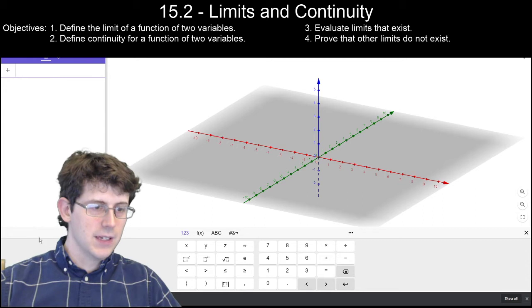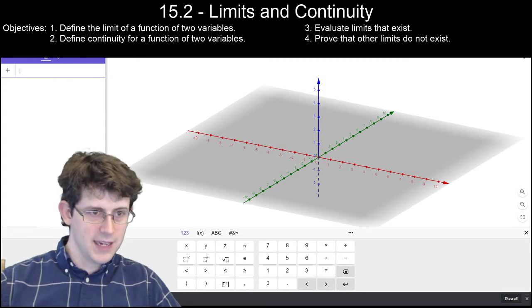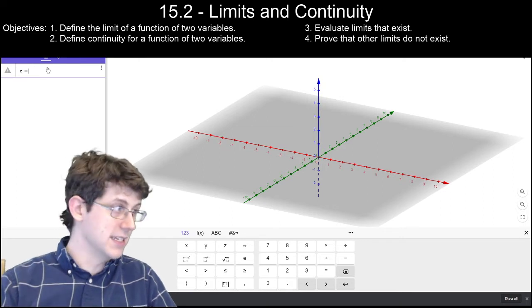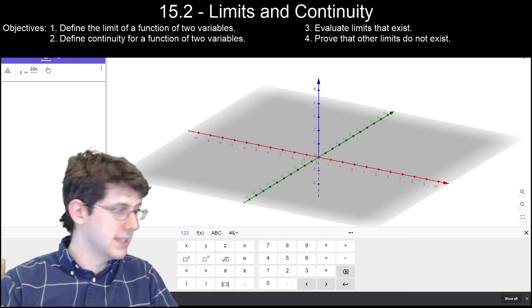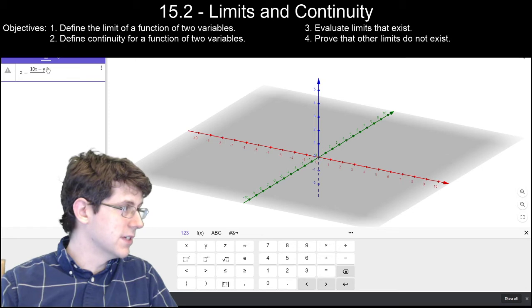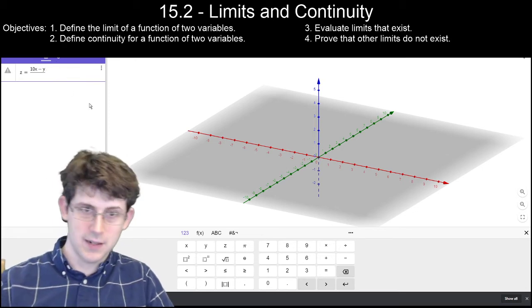The function we were looking at was f of (x, y), so I'm going to write z equals (10x minus y) over (x y squared).